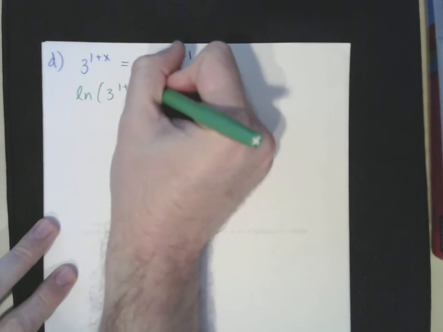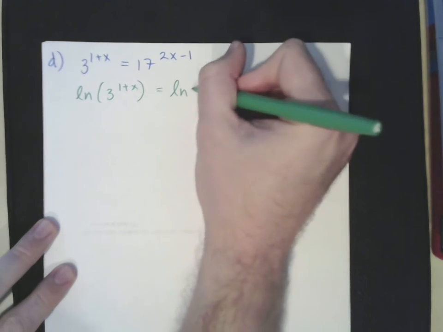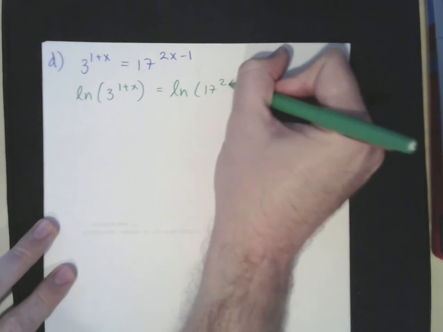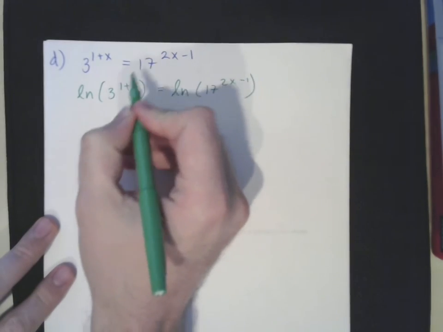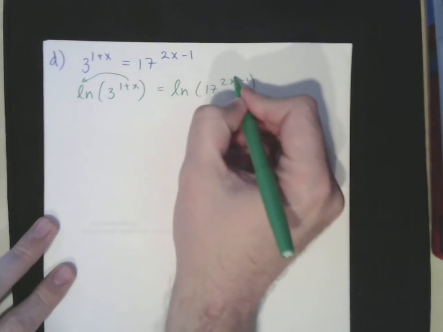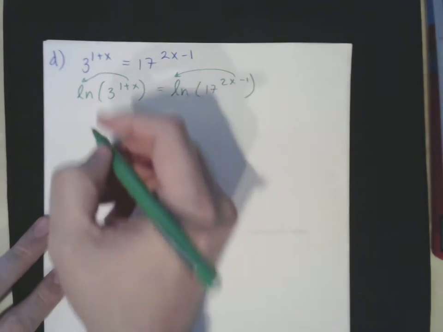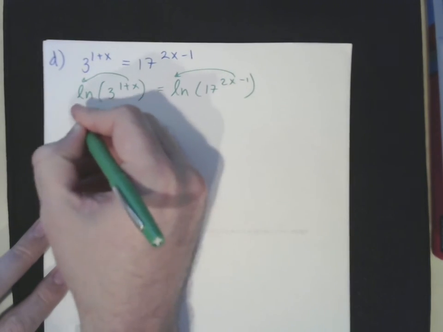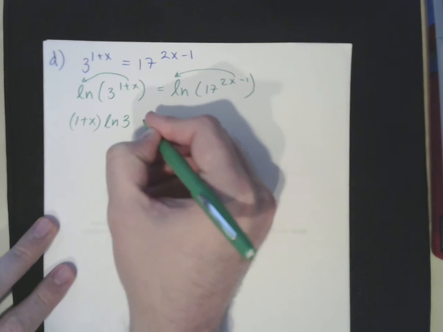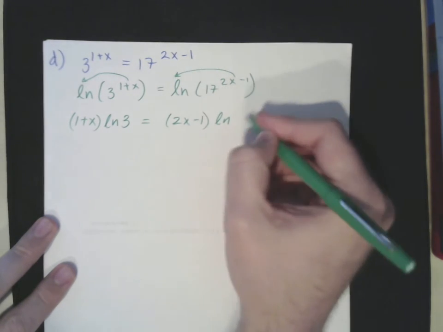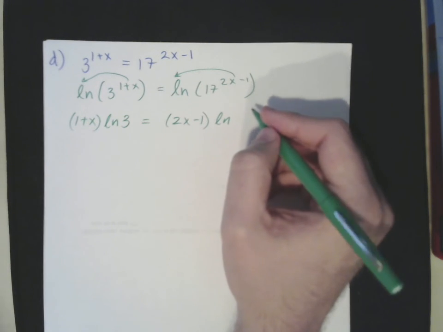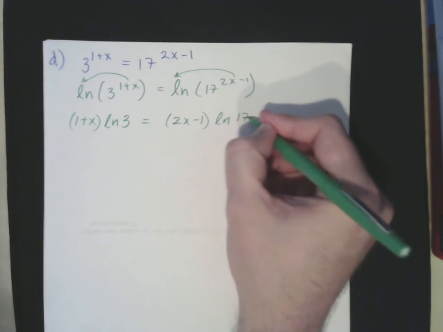Natural log of 3 to the 1 plus x equals natural log of 17 to the 2x minus 1. And because of our logarithm properties, we can now take these exponents and bring them to the front. And we have 1 plus x times natural log of 3 equals 2x minus 1 times the natural log of 17.